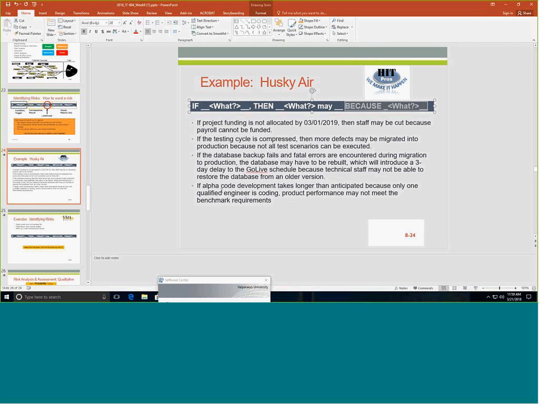Do we now see why it is so important to use the if, then, because syntax? The syntax allows us to capture the trigger, the consequence or impact of the risk, and it allows us to take a look at the root cause as well, right?